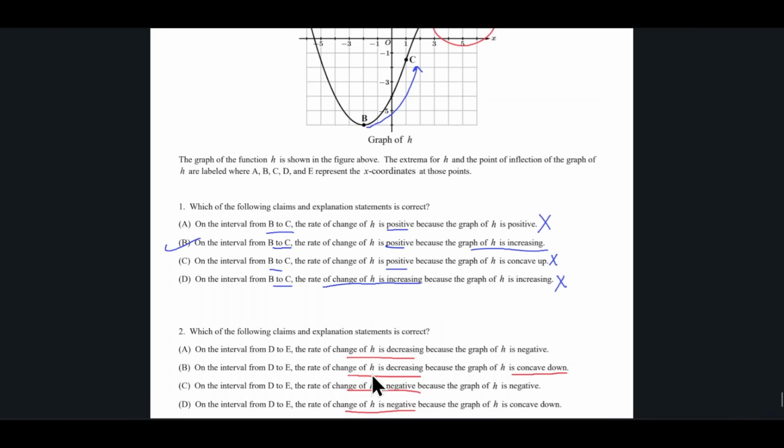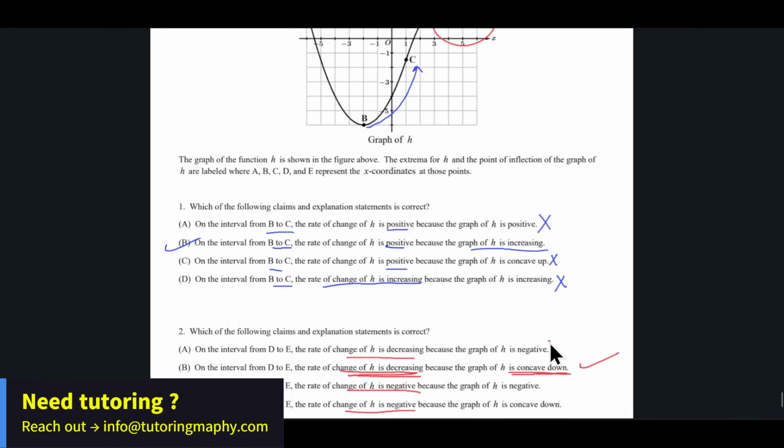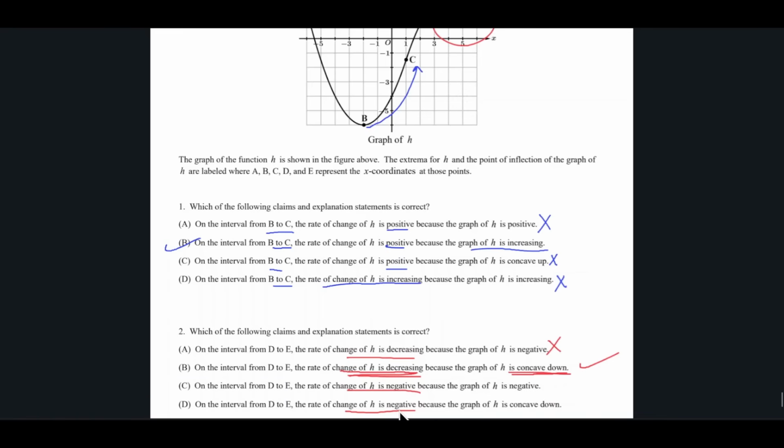So this makes sense, because if ROC is decreasing, the function is concave down. Absolutely, it has nothing to do with being negative, and ROC negative has nothing to do with concavity and nothing to do with the function being negative. So ROC is decreasing, yes, because the function is concave down.